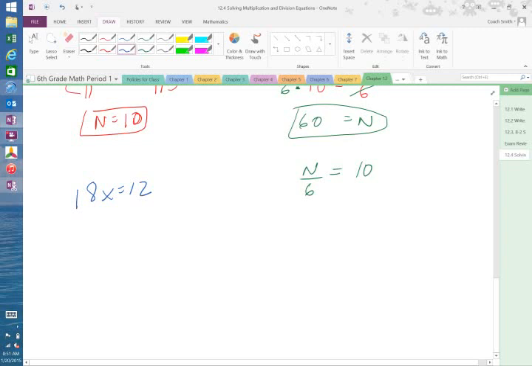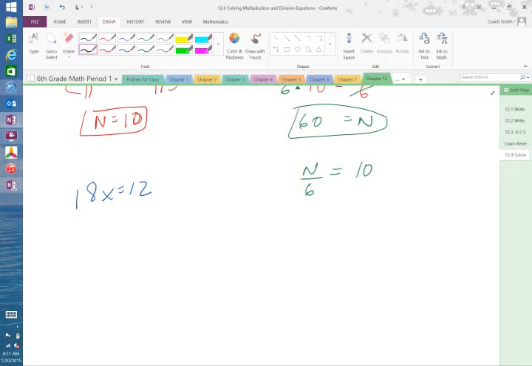Okay? So it tells me then that whatever x is, it has to be less than 1, because 18 times 1 is 18. So I've got to find 18 times something equal 12. Okay? And that's why the process that I'm teaching you is very important.